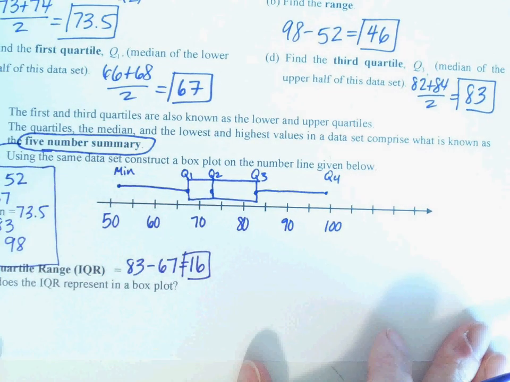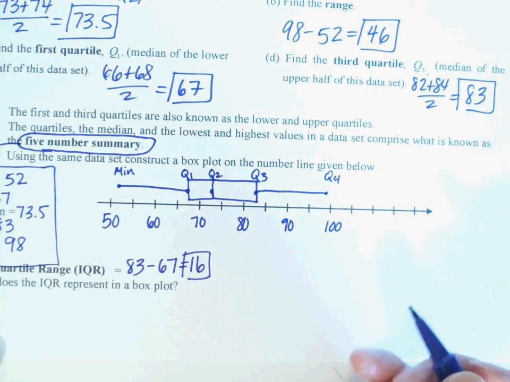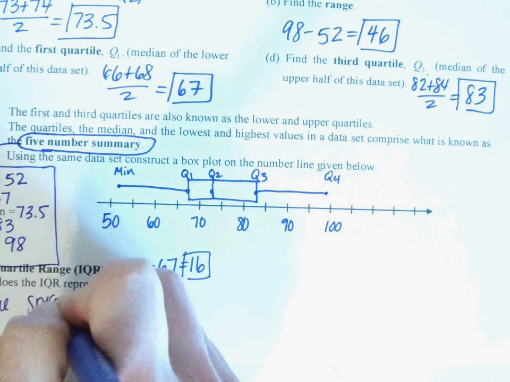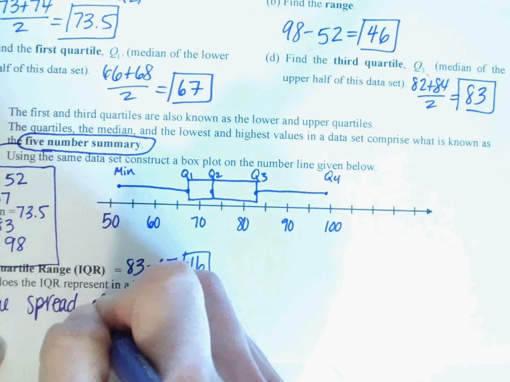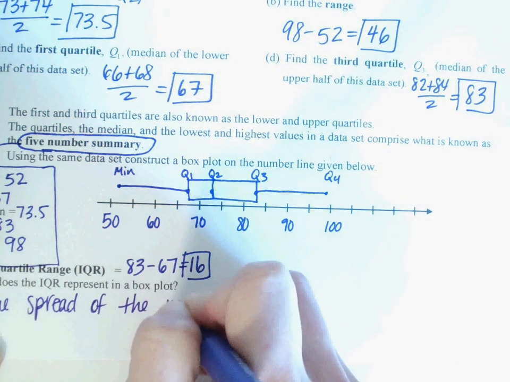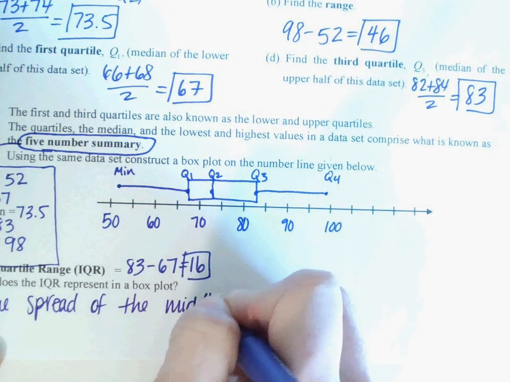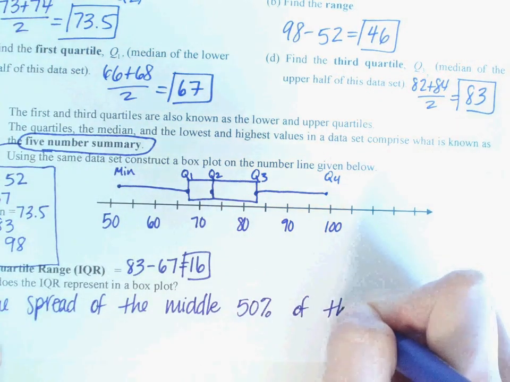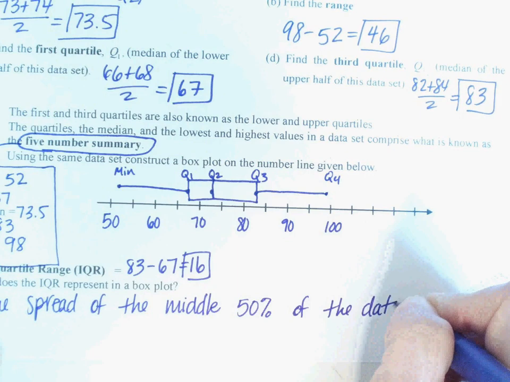What does the IQR represent in a box plot? This is the spread of the middle 50% of the data values. Let's write that down. The spread of the middle 50% of the data values.